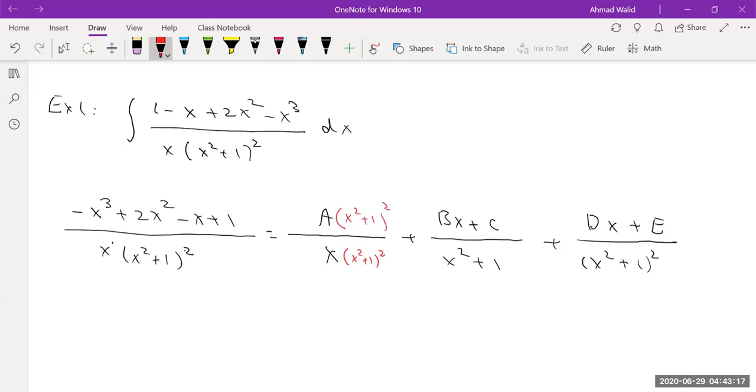If you compare the second denominator with the left side, you can easily see that you are missing a factor of x squared plus 1 and also an x. That means you will multiply the top with x squared plus 1 and another x. And if you compare the third denominator with the left side, you see you are missing only x here. And you multiply top and bottom with x.